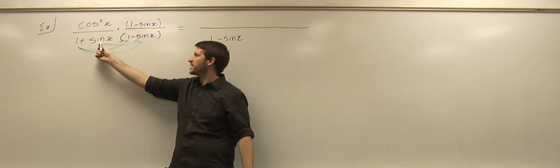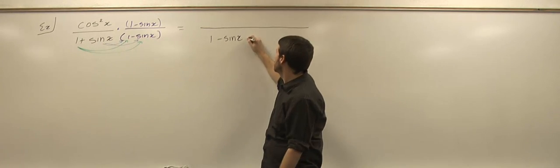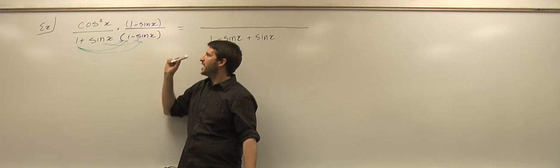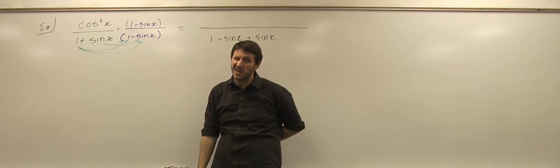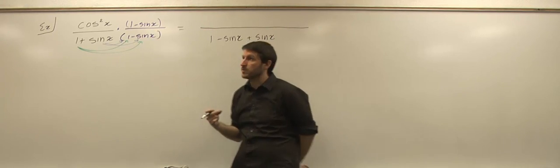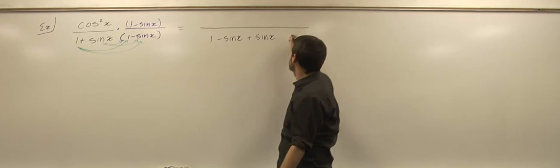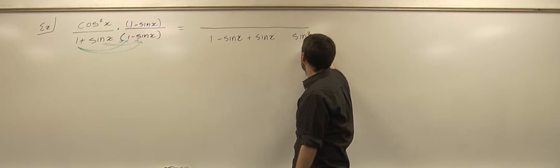Then I move on to sine x times 1. And then on the end, sine x times negative sine x, sine times sine. Sine squared, right? Something times itself turns into a square. So sine times sine will become sine squared.